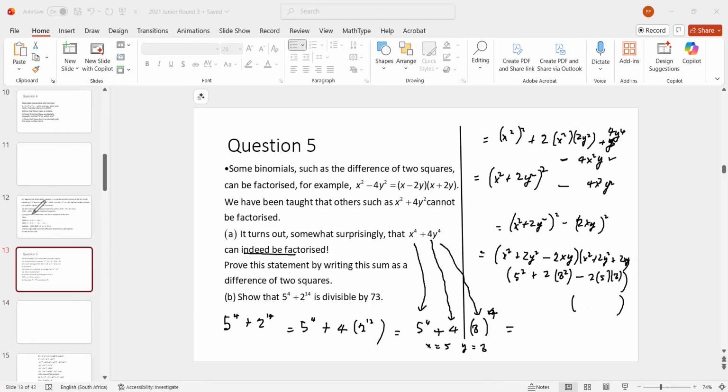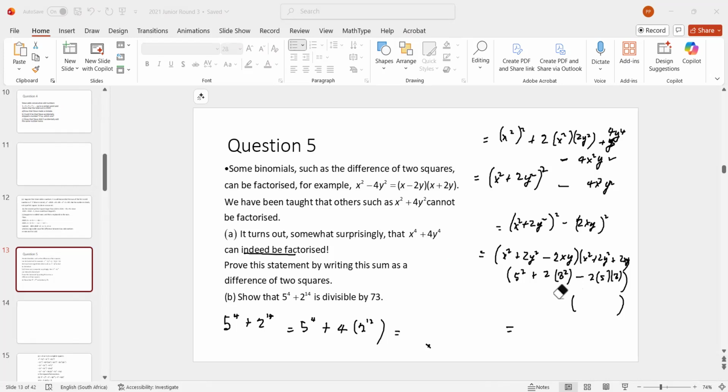Okay, I just want to skip that because I want to first calculate what this thing here is. So you got 25. 5 times 5 is 25. 2 times 8 squared. 8 squared is 64. Times 2 is 128.